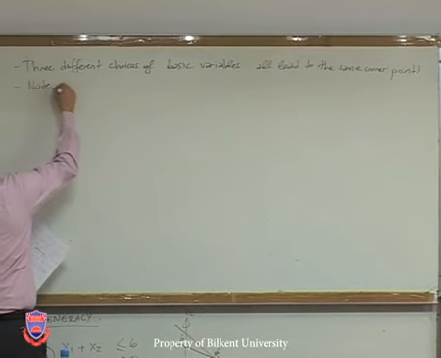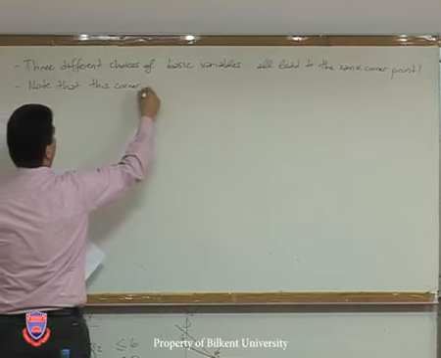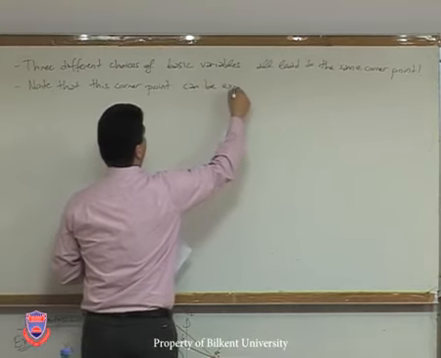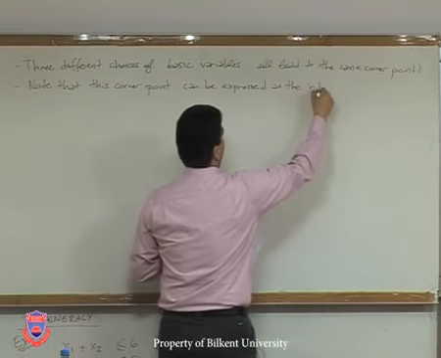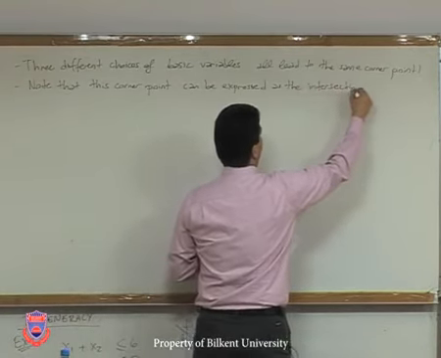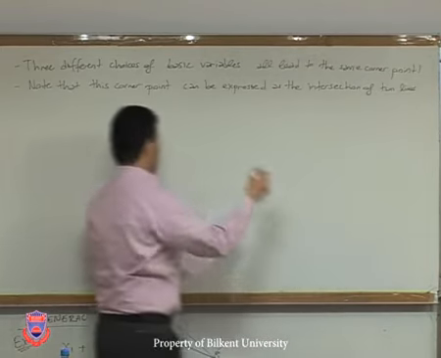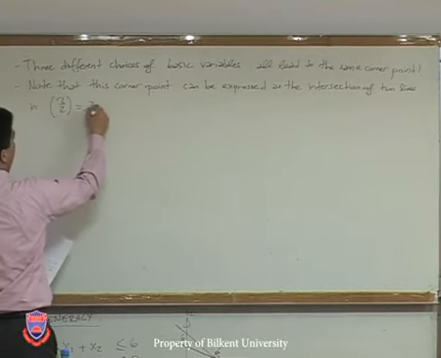So note that, as I said, this corner point can be expressed as the intersection of 2 lines in 3 choose 2, which is equal to 3 different ways.